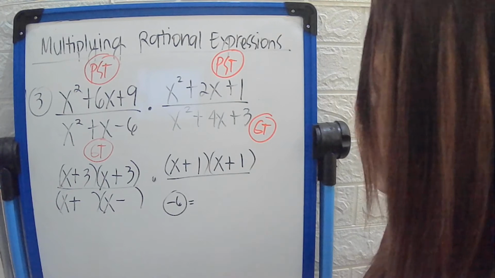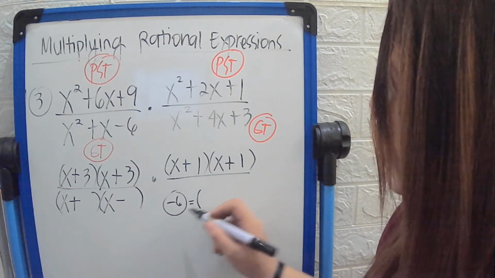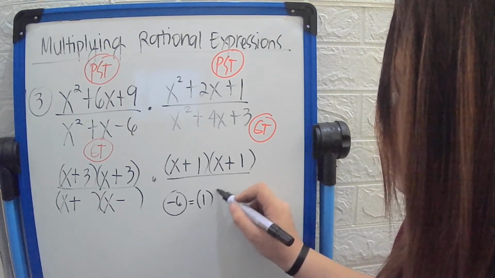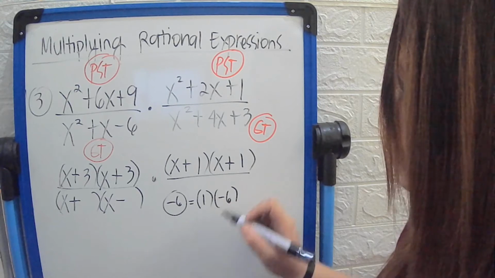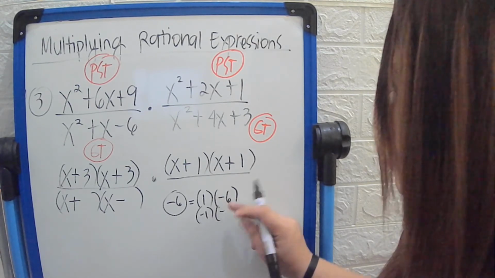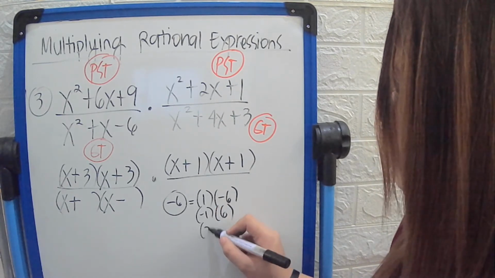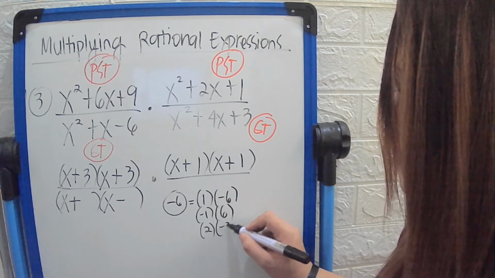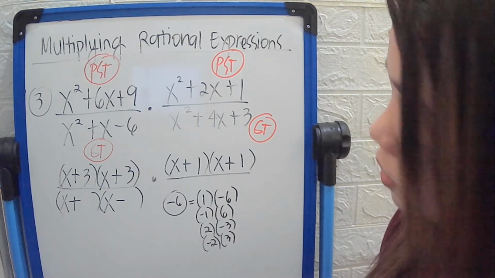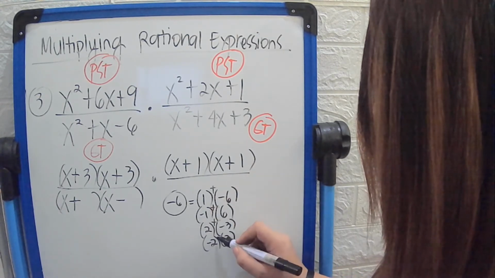Since you have a negative number here, your factors must have different signs. So 1 times negative 6 is negative 6. I can also have negative 1 and positive 6. Another pair of factors, 2 and negative 3, or negative 2 and positive 3. So which among them can have a sum of positive 1?